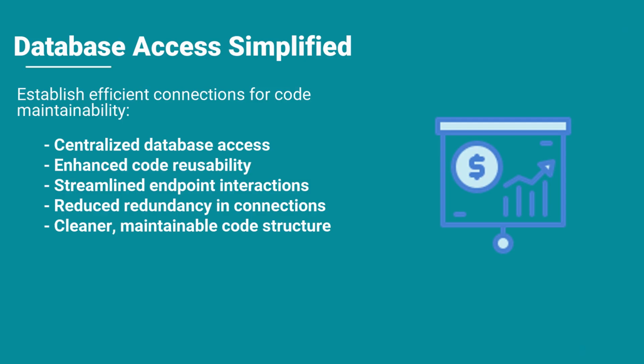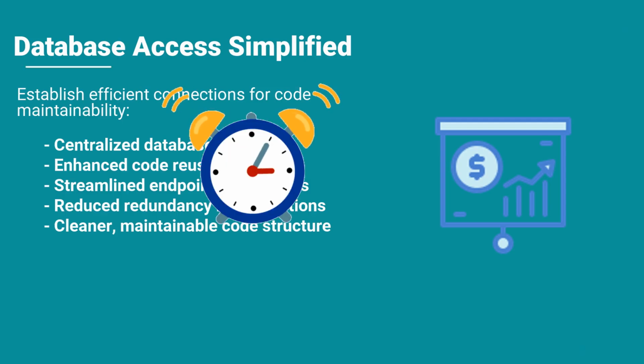Now, the beauty of this setup lies in its simplicity and reusability. You only need to define the database connection once, and you can use it across multiple endpoints while keeping your code clean and organized. It's like having a central hub for your database access, making everything feel streamlined, right? So, whenever your read users function needs to interact with the database, it just taps into this single connection.